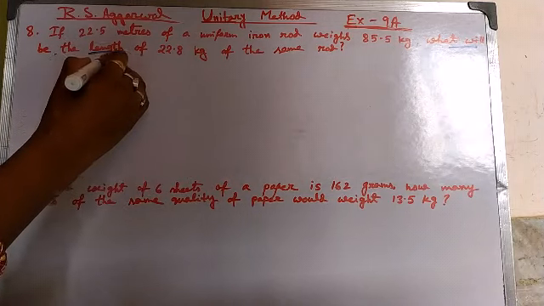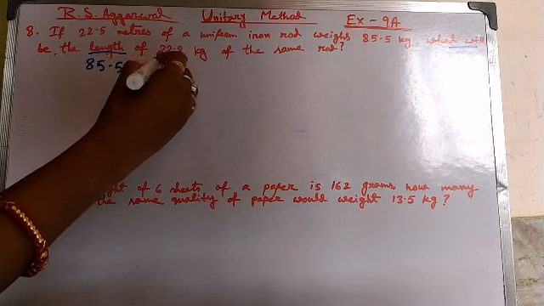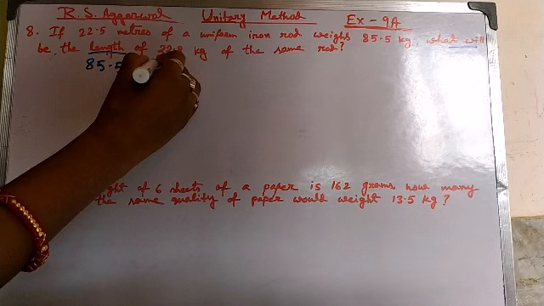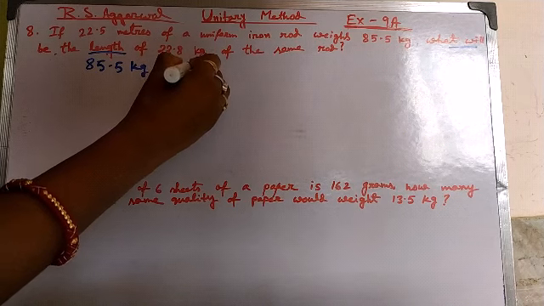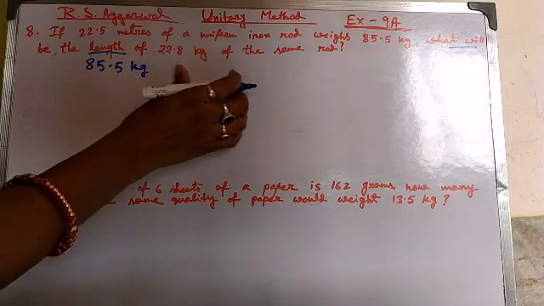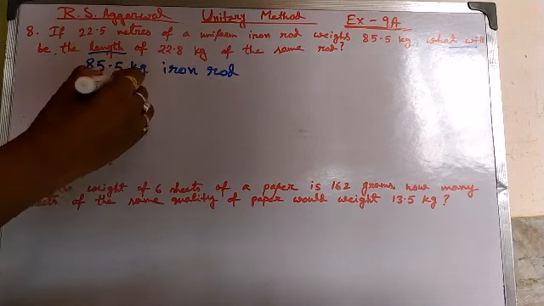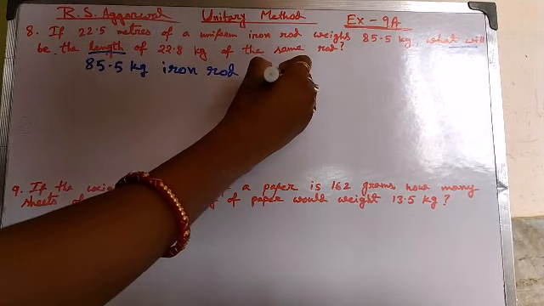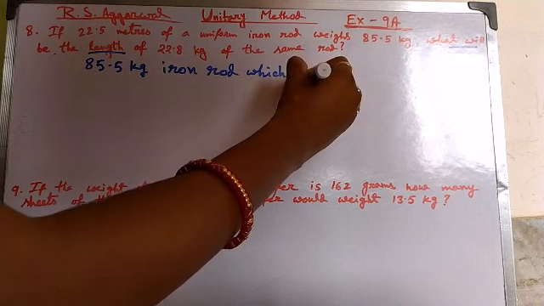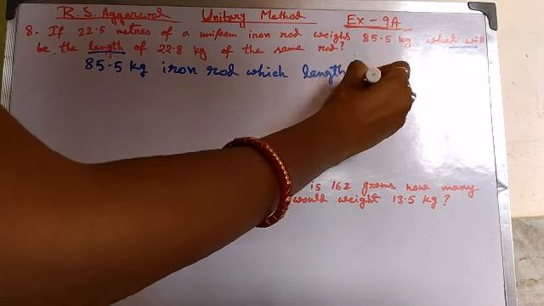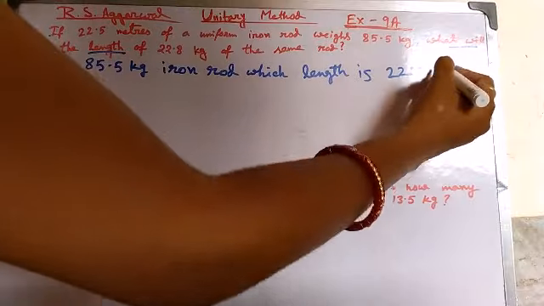So 85.5 kg iron rod, whose length is 22.5 meter.